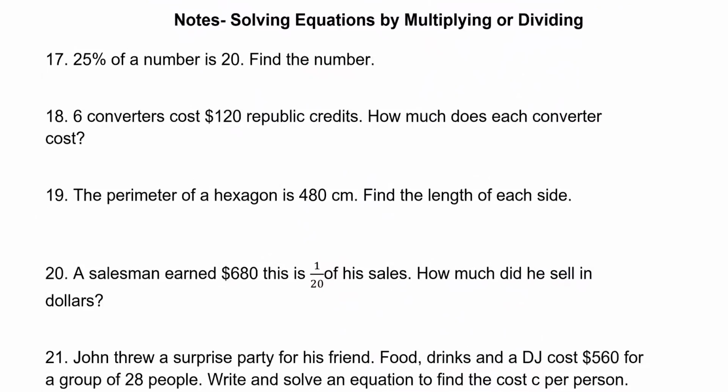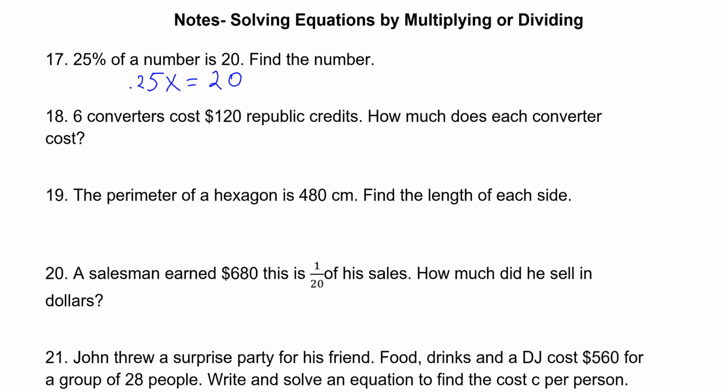So, let's see. We've got 25% of a number. So 25%, so 0.25 x equals 20.